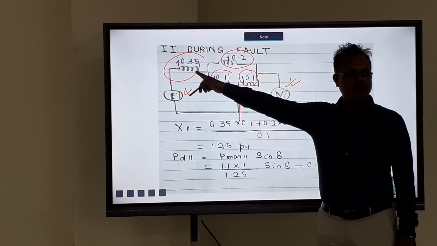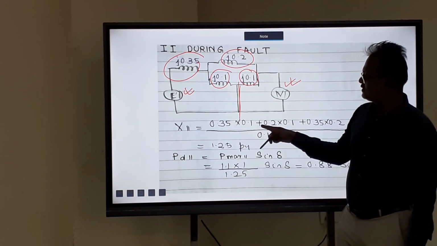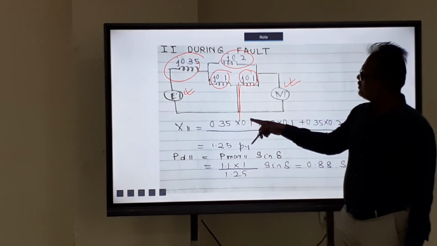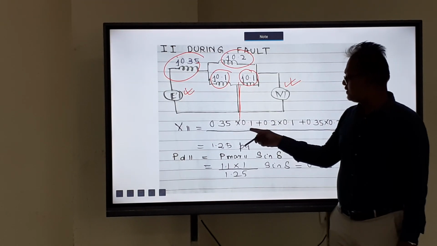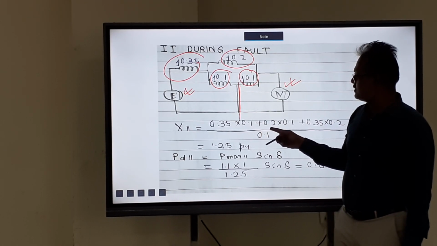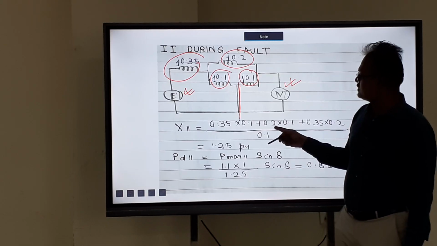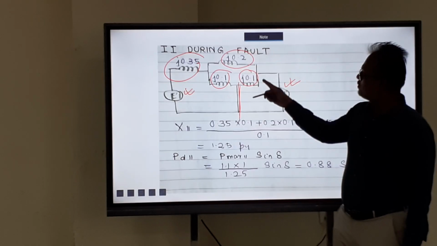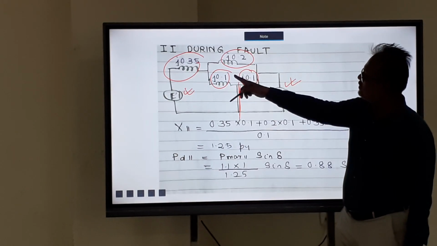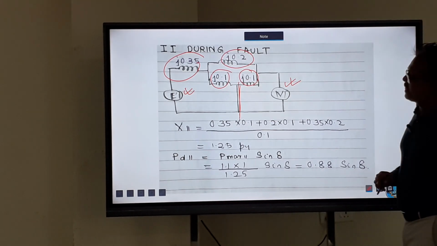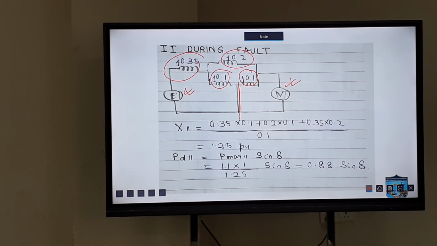You know how to calculate the total one? This plus 0.35, into 0.1. These two are in parallel. You have to obtain the Thevenin reactance in this case.